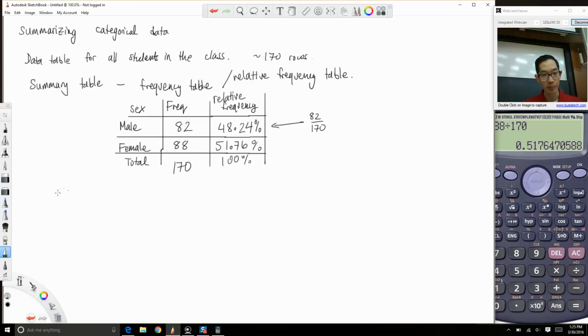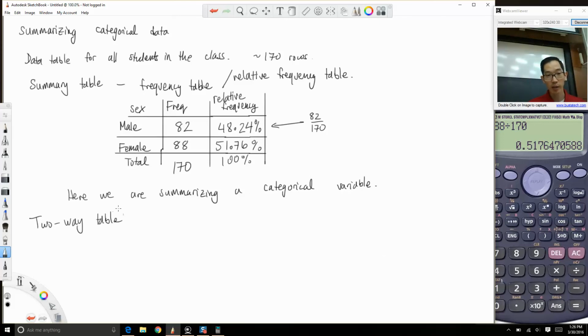So here we are summarizing a categorical variable. We can also create something called a two-way table. A two-way table is pretty much just a frequency table, but for 2 categorical variables.